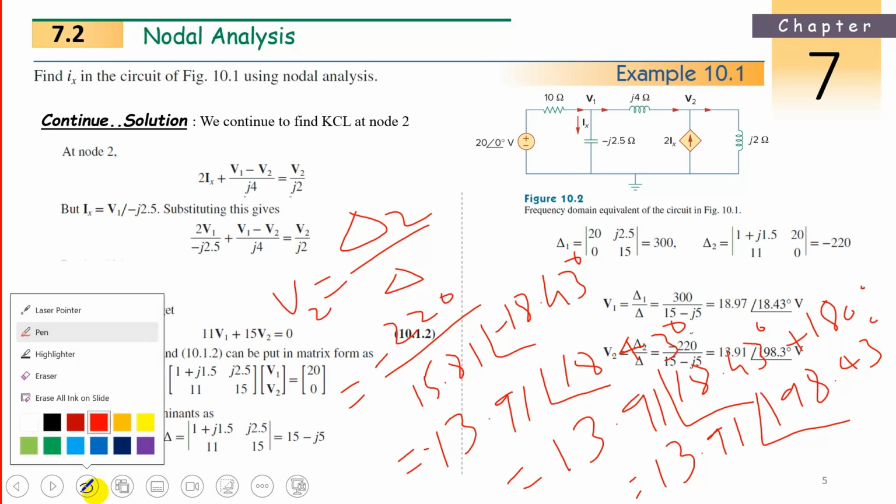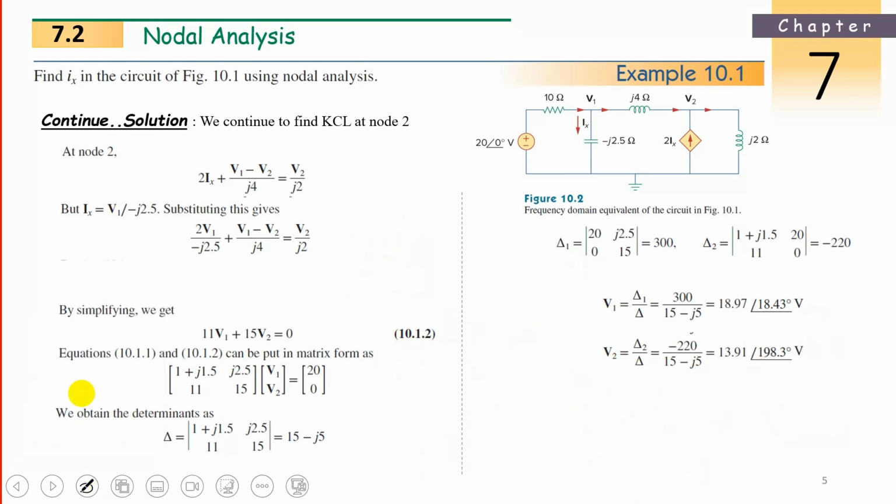Now erase all, so you can see it. So this is your answer. V1 we got, V2 we got 13.91 at an angle 198.43. Now what do we need? We need Ix. What is Ix? It is V1 divided by minus j2.5.